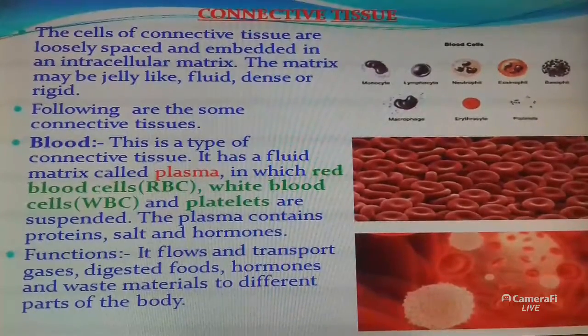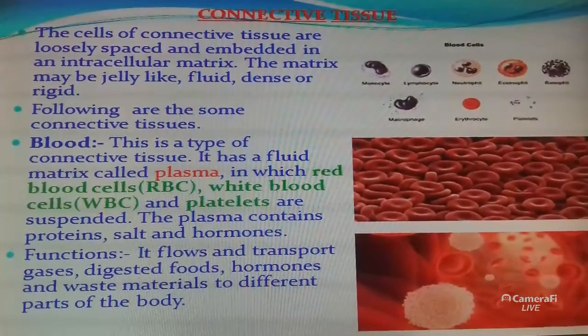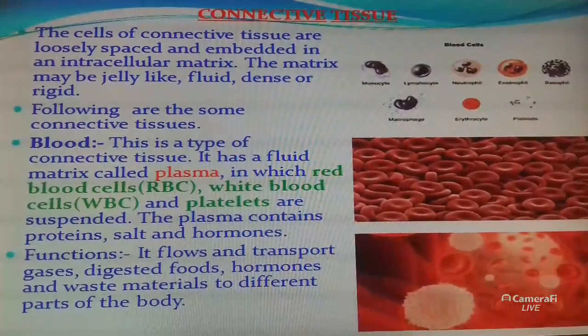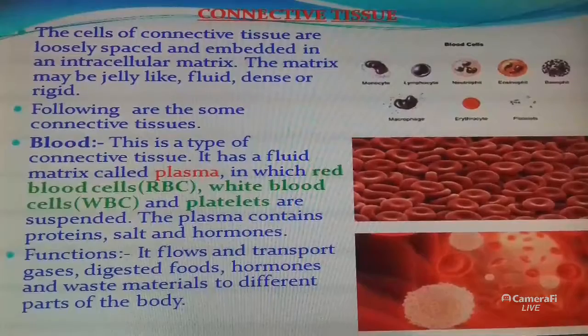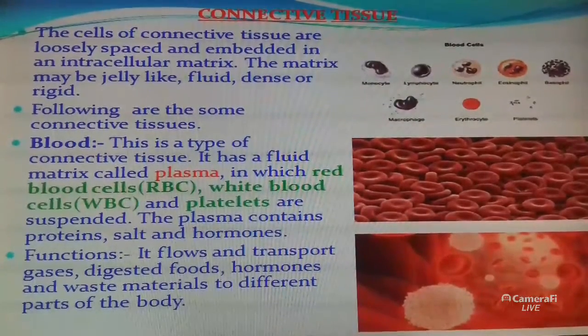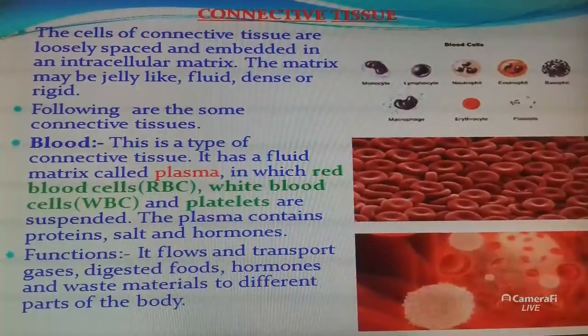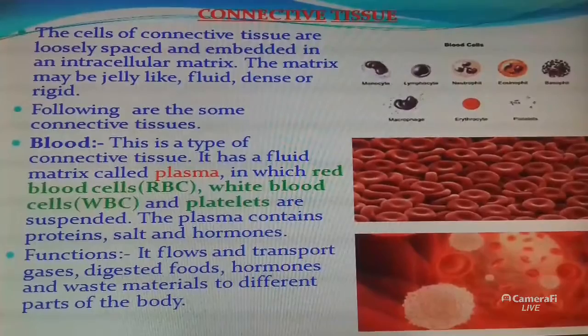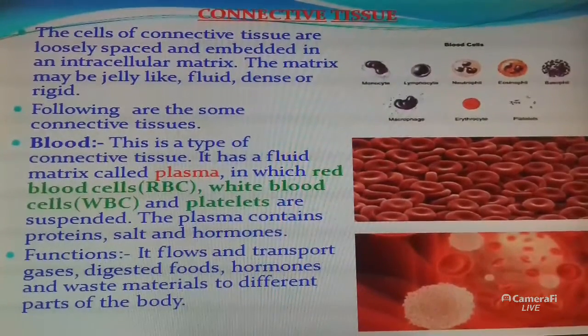As I have already discussed, in this tissue the cells are loosely arranged in large intercellular spaces filled with a non-living ground substance called matrix. Matrix generally has protein fiber.